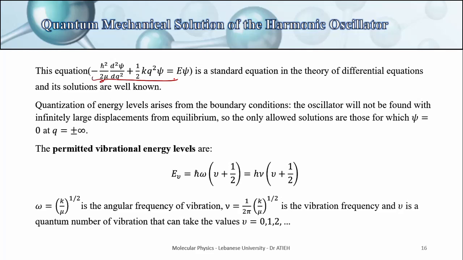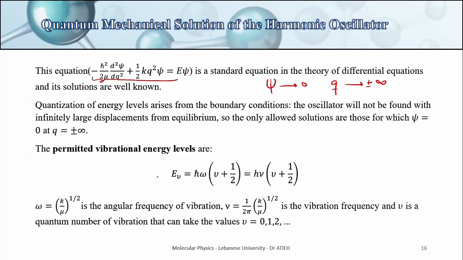The boundary condition states that psi must tend to 0 when Q tends to plus or minus infinity, which is logical. So for an infinite stretching or infinite compression, the probability must tend to 0, so psi must tend to 0 if Q tends to plus or minus infinity. Anyway, we're not going to deal with the solution.